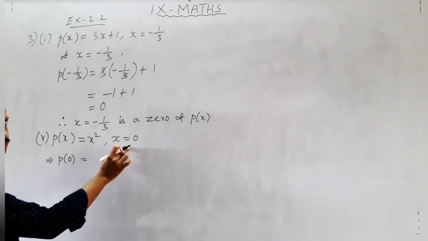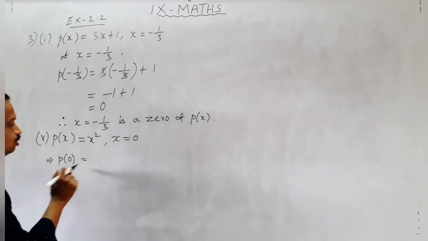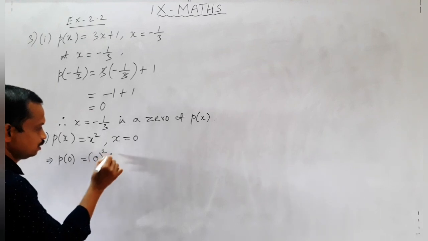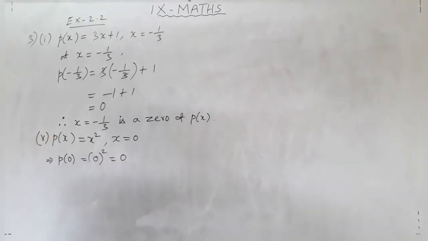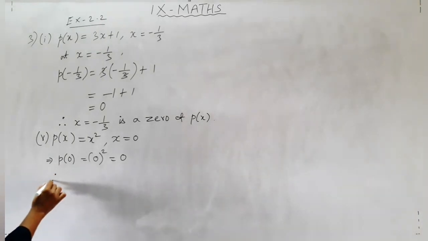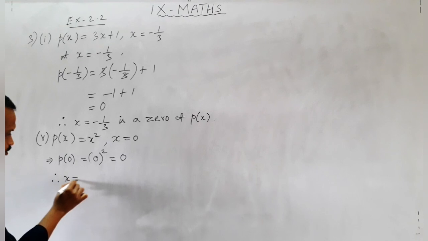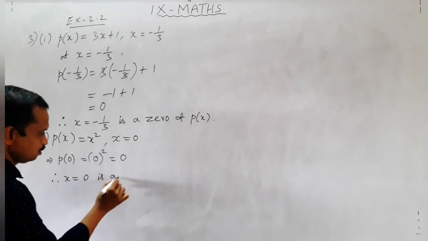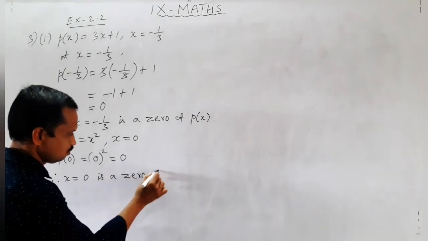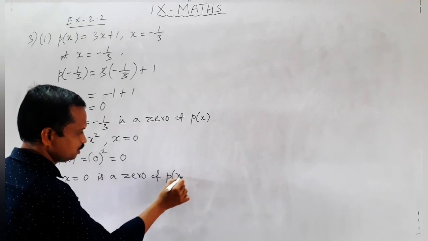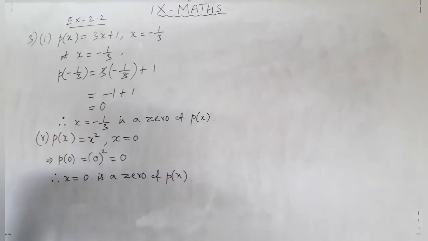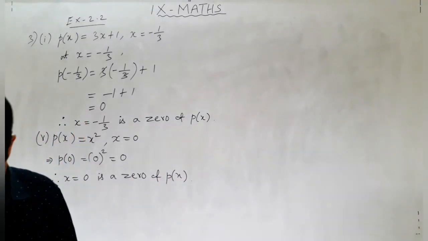So for x, put 0. So 0 square, which is nothing but 0. So the value of the polynomial becomes 0 when x equal to 0. Therefore x equal to 0 is a 0 of P of x. What is P of x here? X square. Like that is fine.